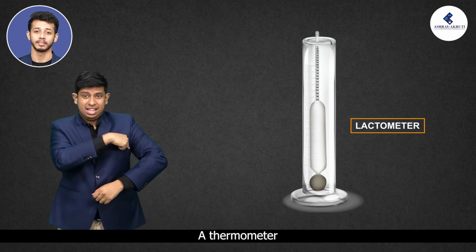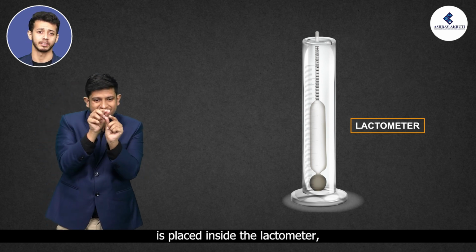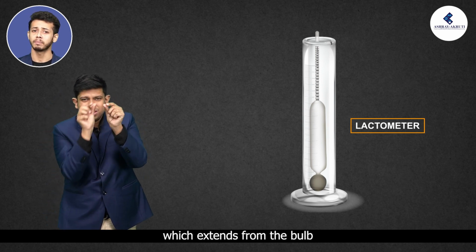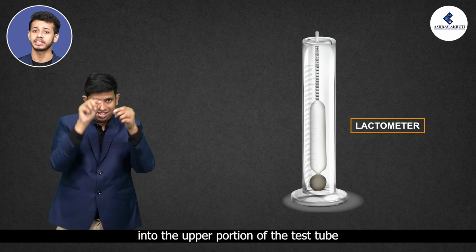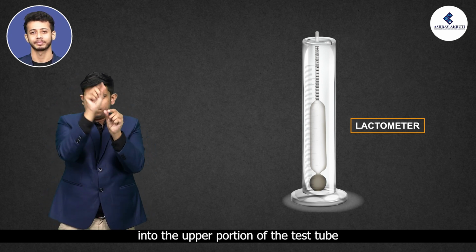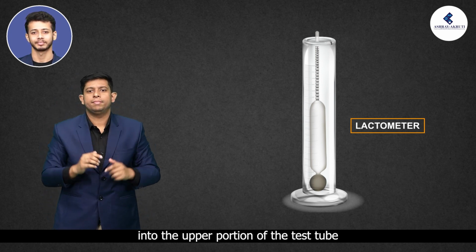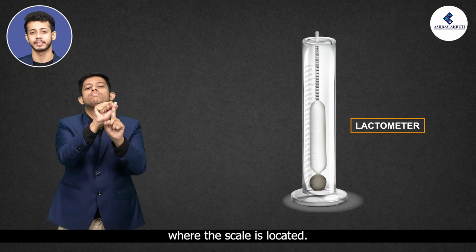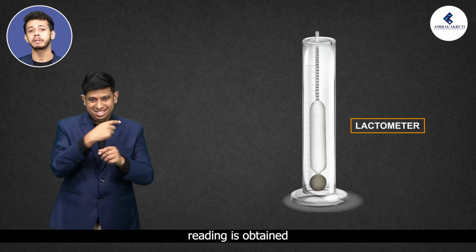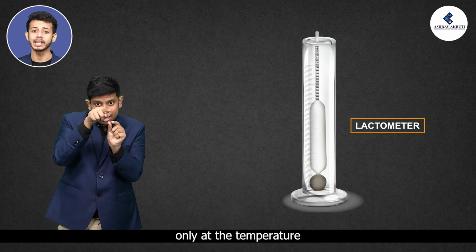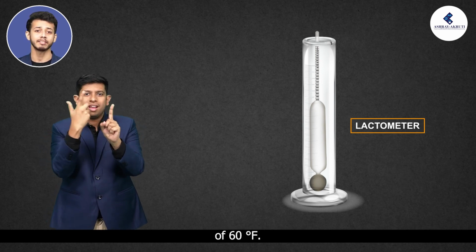A thermometer is placed inside the lactometer, which extends from the bulb into the upper portion of the test tube, where the scale is located. The correct lactometer reading is obtained only at the temperature of 60 degrees Fahrenheit.